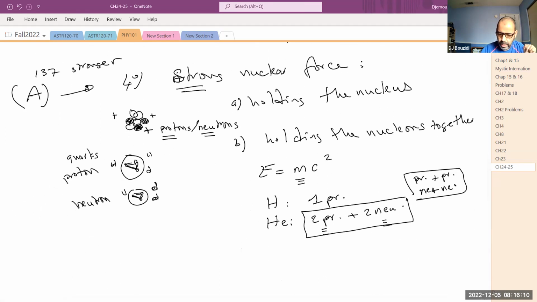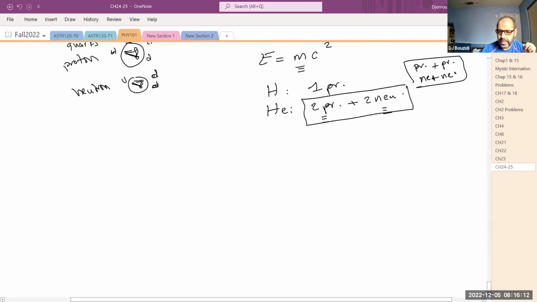Okay. The topic of today, again, historically, people have noted that there are elements that spontaneously, not exaggerating, on their own, naturally, if you wish, emit radiation. Radiation was classified into three kinds, okay?